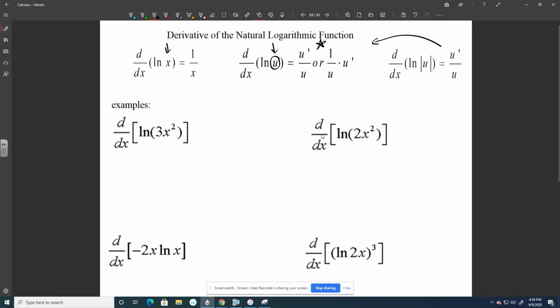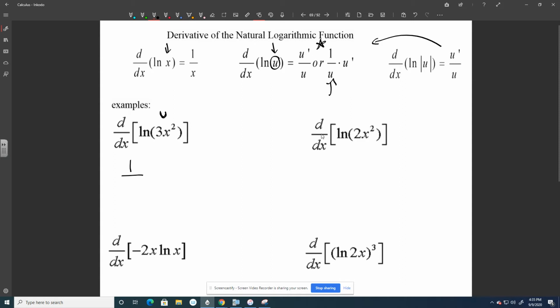So d dx, take the derivative of ln of 3x squared. So first of all, there's my u, that 3x squared, that's just what's on the inside. So if I'm using this form right here, I'm going to write 1 over, if I'm taking the derivative of a logarithm, I'm going to put a fraction bar. First thing I'm going to do.